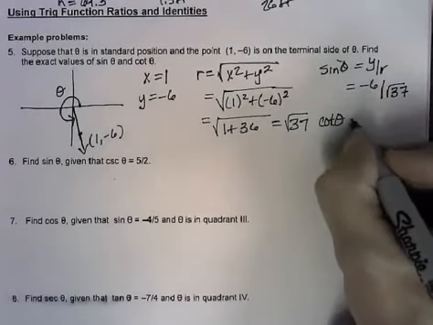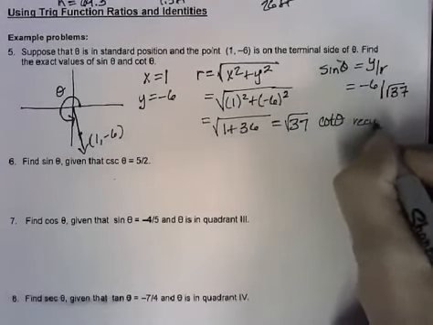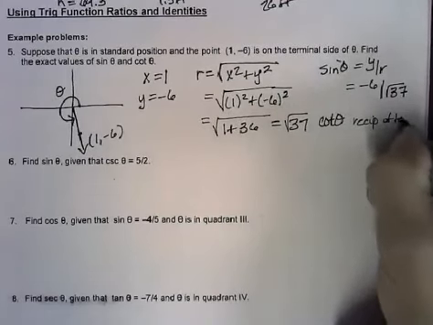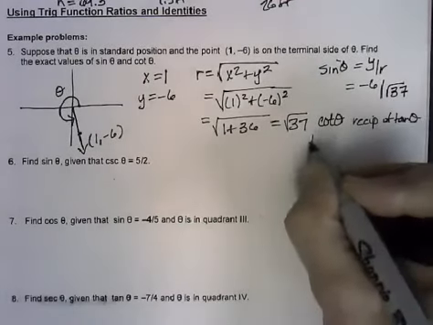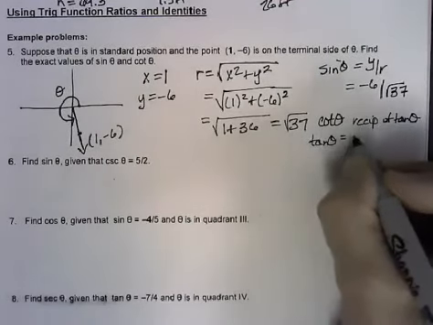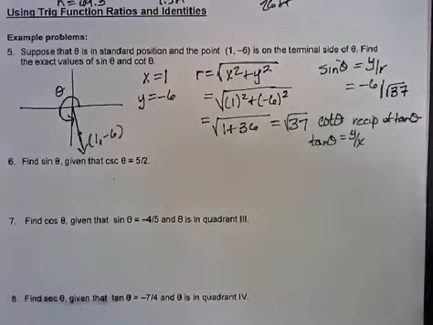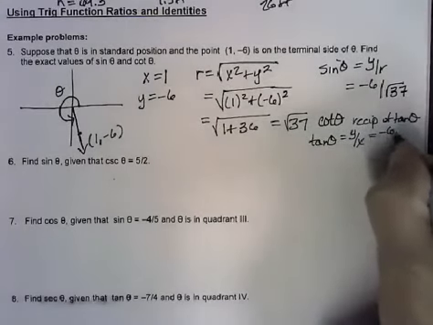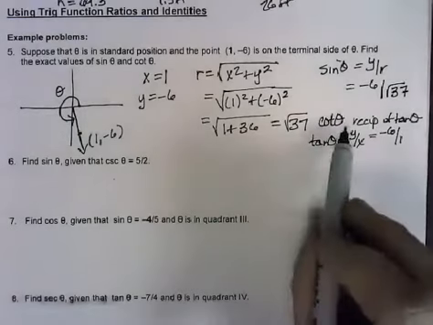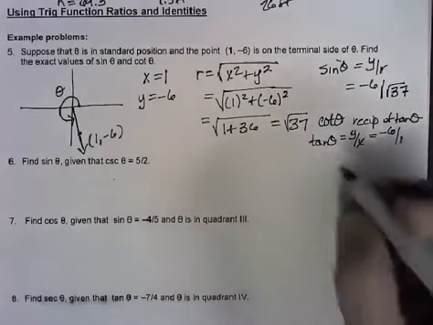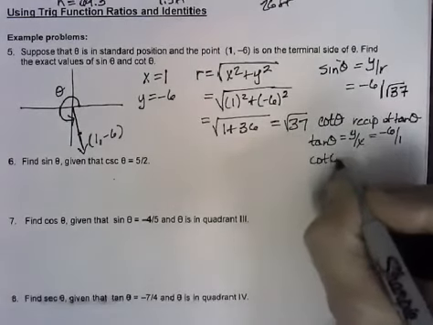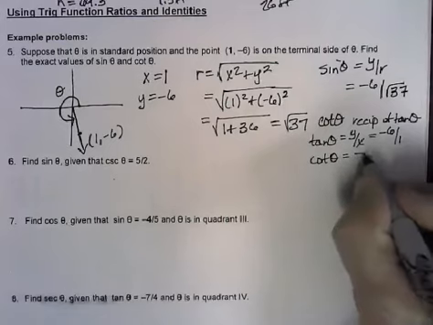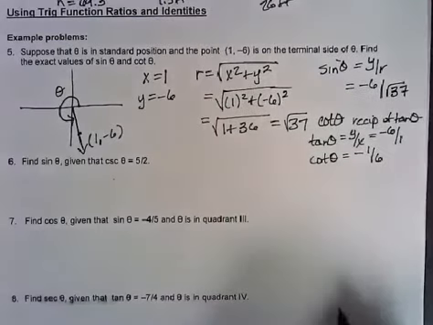So remember, this is the reciprocal of tangent, and tangent is y over x. So y over x would be -6 over 1. Then if we're trying to do the reciprocal of that, we would just flip it over. That gives us cotangent of theta is -1 over 6.